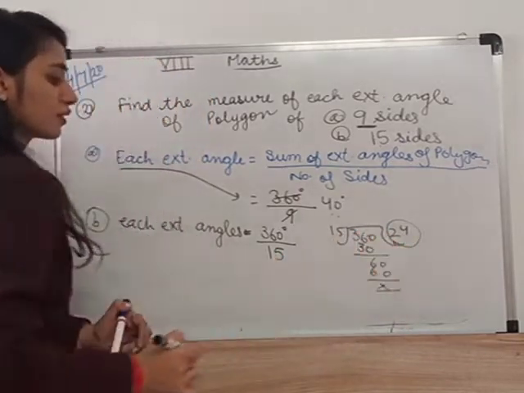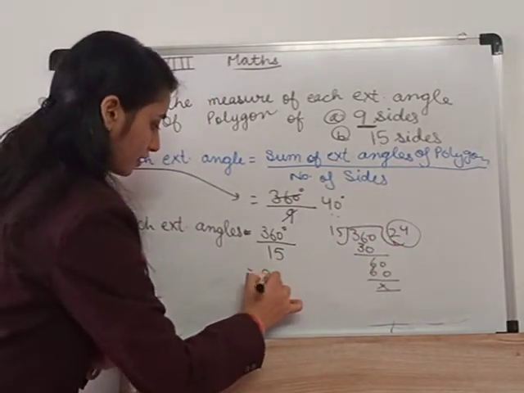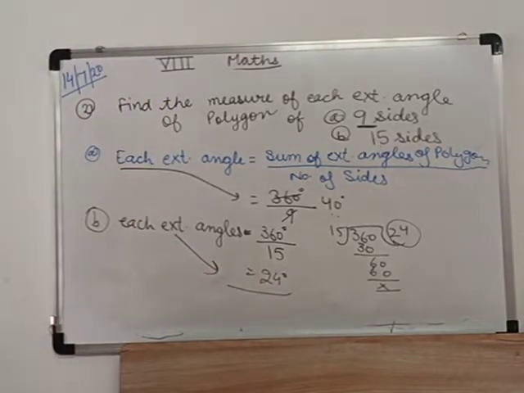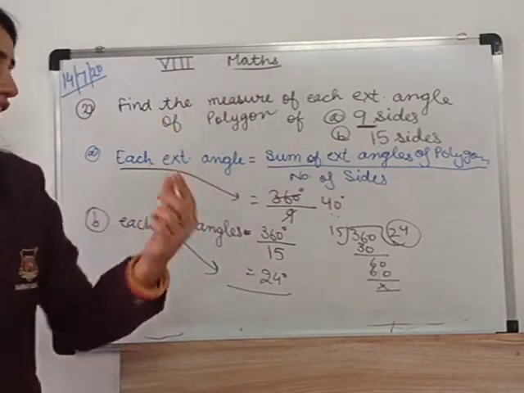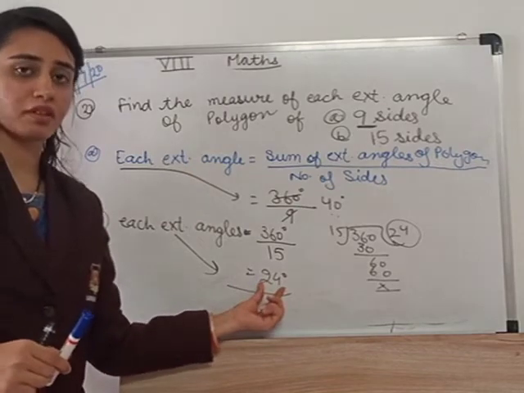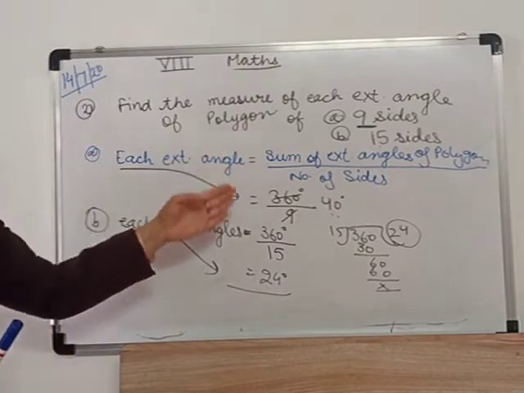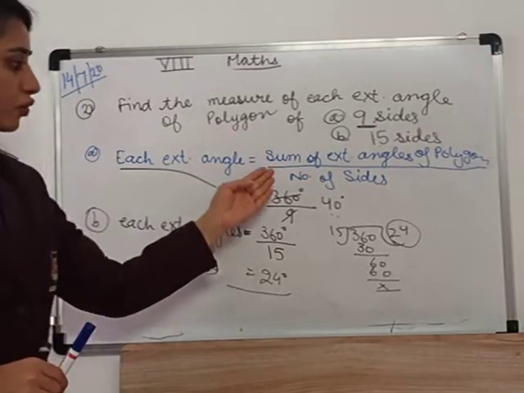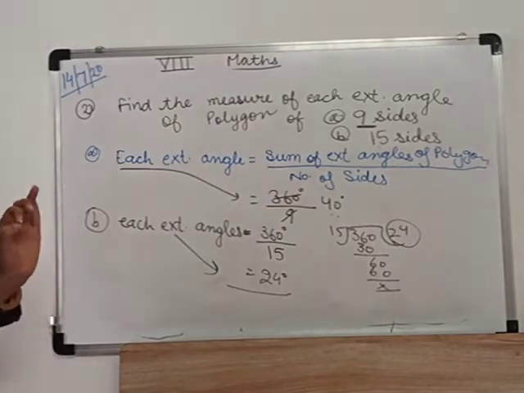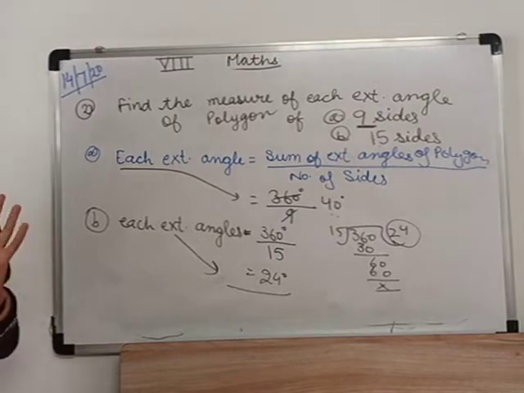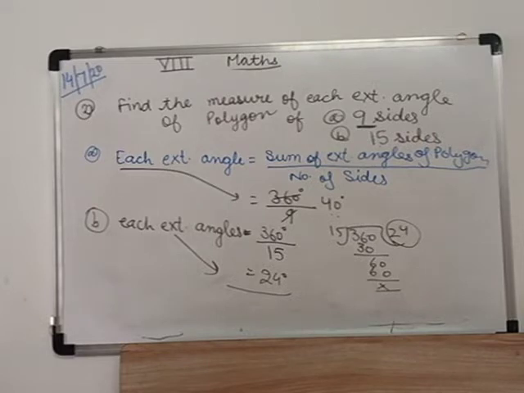Answer is 24 degrees. Means each exterior angle in that polygon is 24 degrees, and that polygon has 15 exterior angles, each of 24 degrees. Understood? Using this formula you can find each exterior angle of any polygon having 24 sides, 30 sides, when only the number of sides is given.